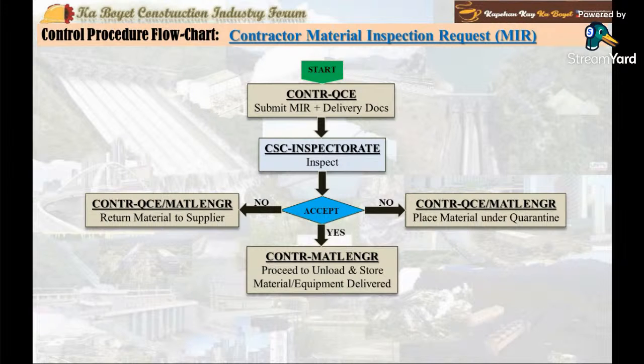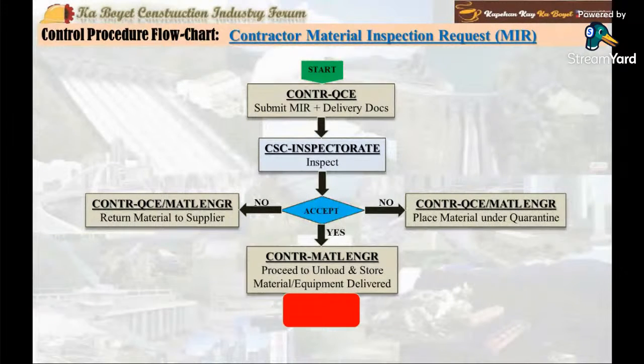And lastly, the contractor QC engineer shall notify the consultant and the project architect engineer of the exact location of all rejected under quarantine materials. At this note, MIR process ends.